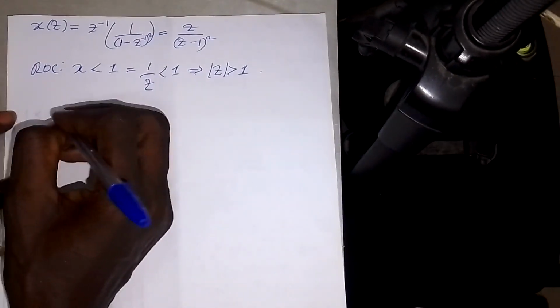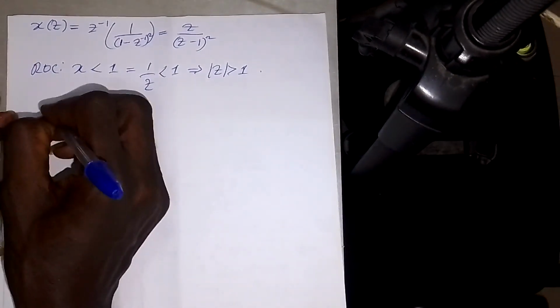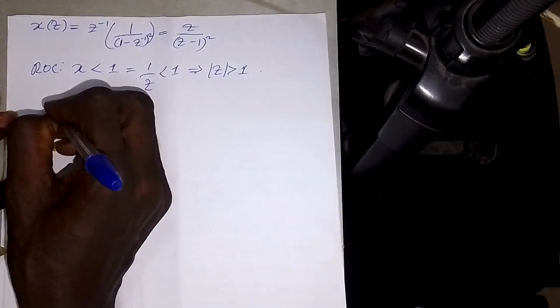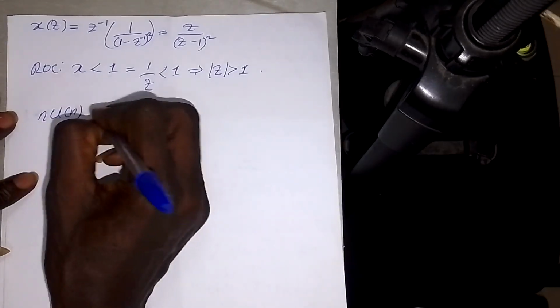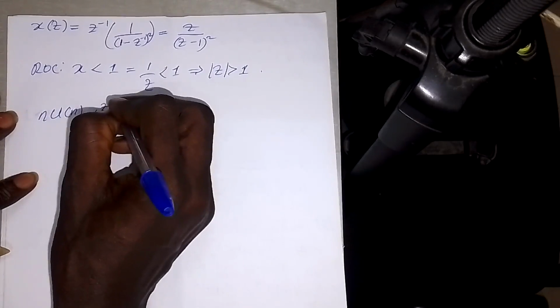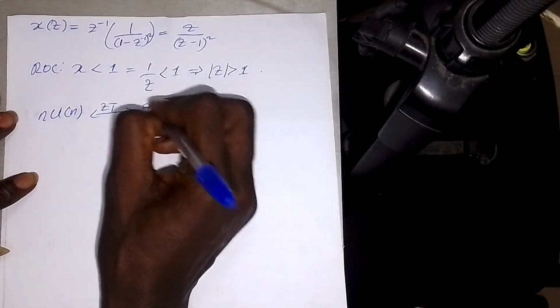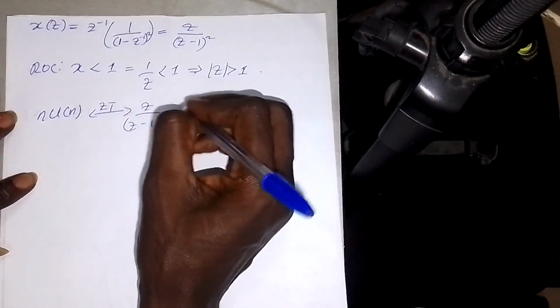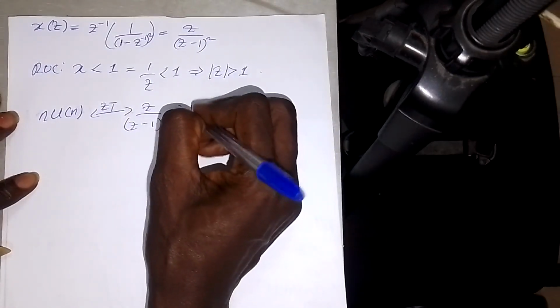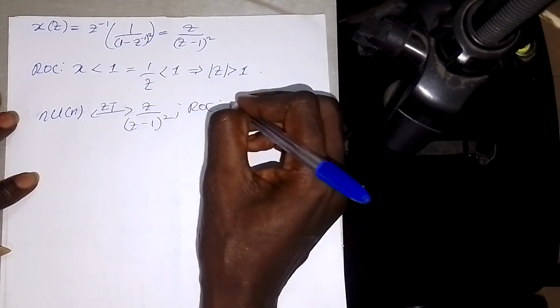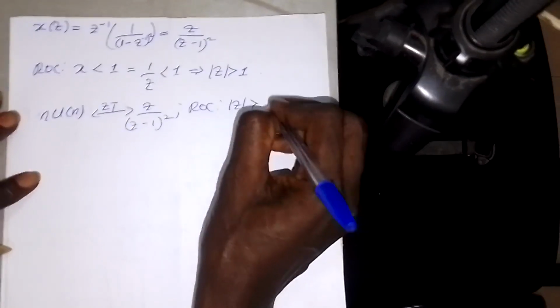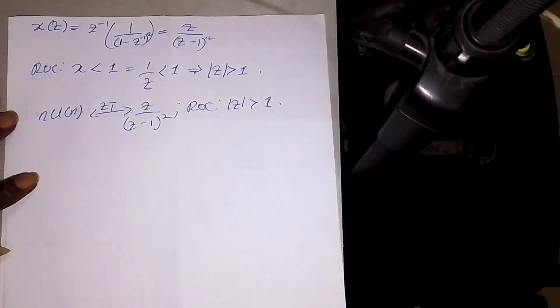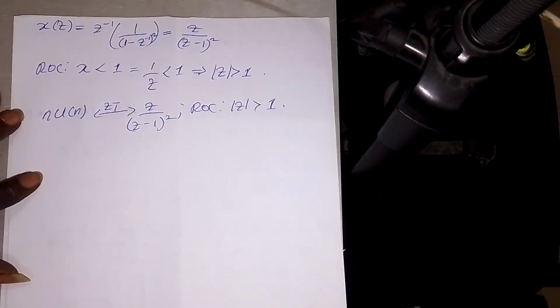So now I have the unit ramp signal n u of n, which has a Z transform of z over (z minus 1) squared, and the ROC is such that mod z is greater than 1. Basically, this is the end of this particular question.